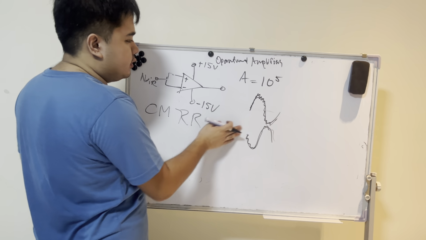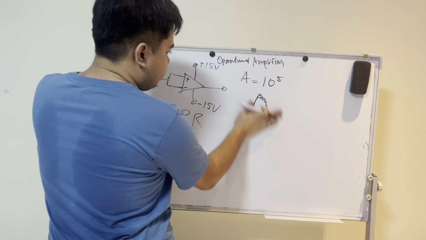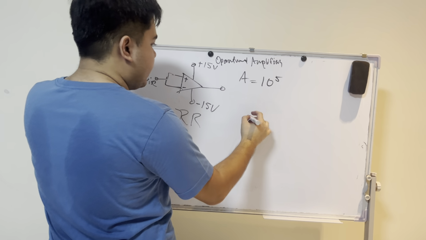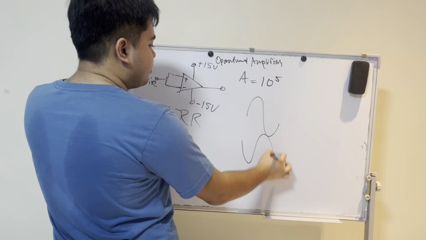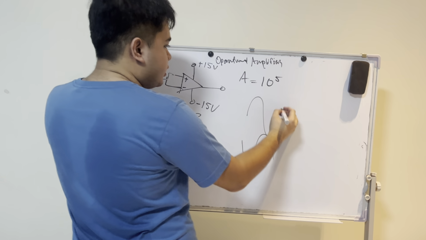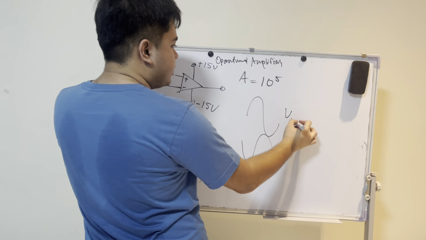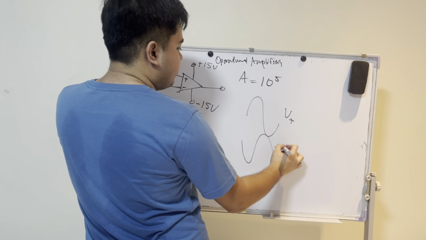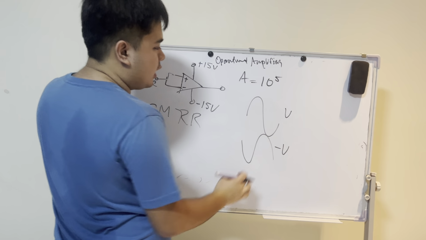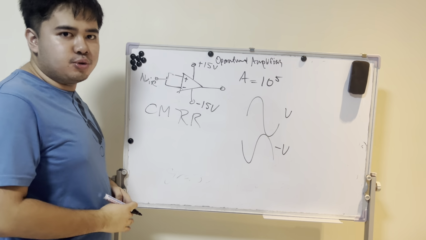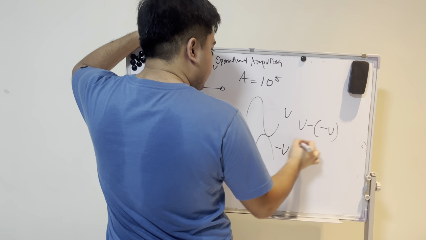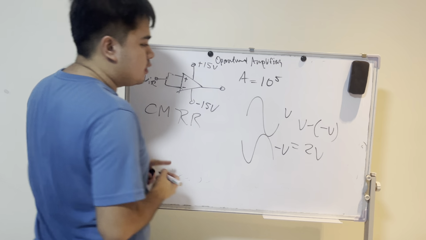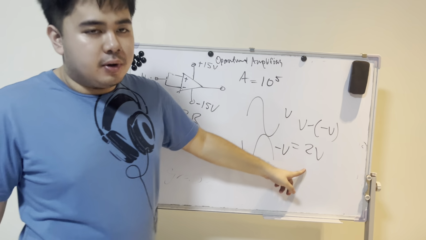But if we had a device that can subtract the positive sine wave and the negative sine wave, so V and negative V, then V minus negative V gives us 2V. We get twice the voltage.